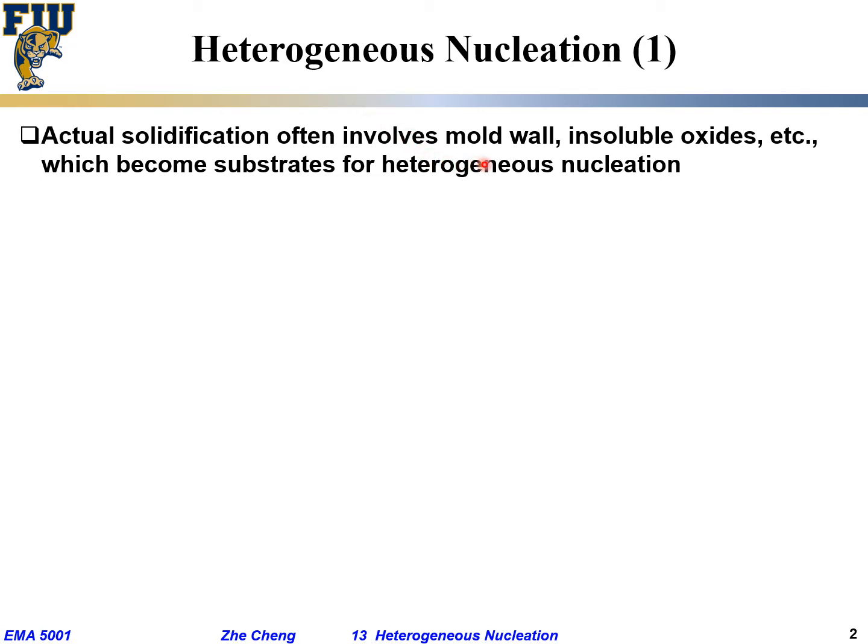That's what we call heterogeneous nucleation. It sometimes involves the container wall, or insoluble oxide if we are dealing with metals. We are casting liquid metals into a mold, and the liquid metal is metal, but occasionally you would have so-called insoluble oxide, aluminum oxide within aluminum, silicon dioxide within liquid silicon, something like that.